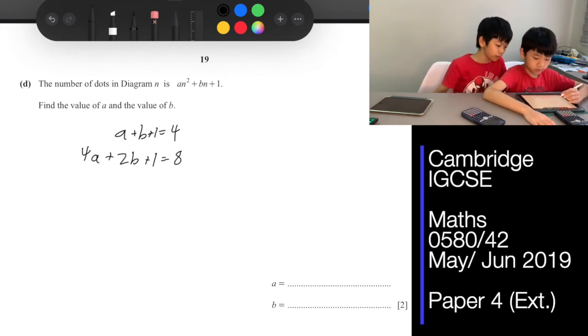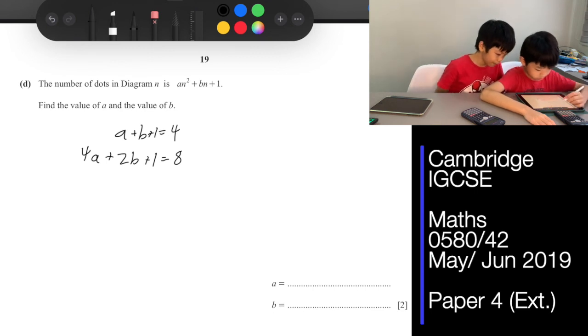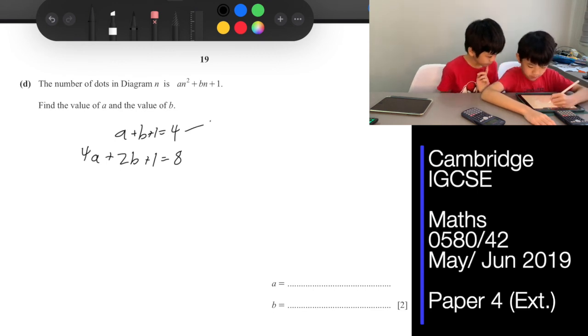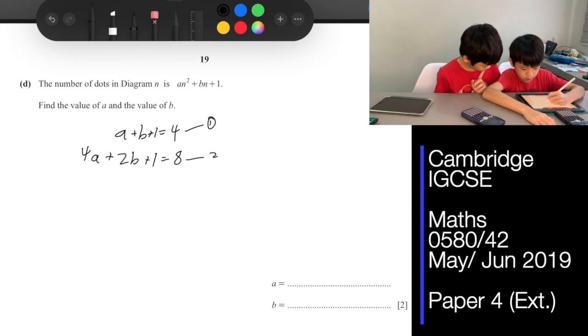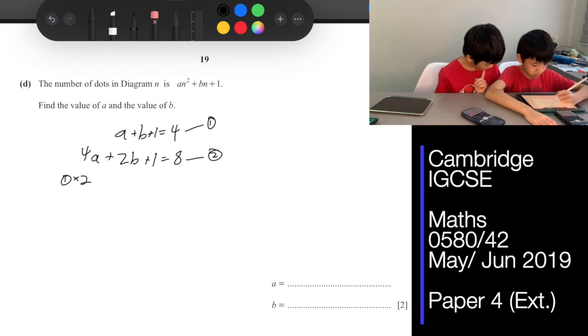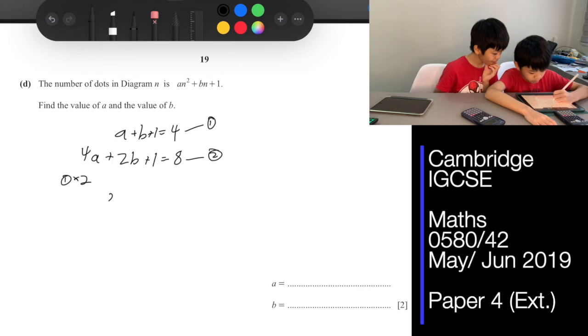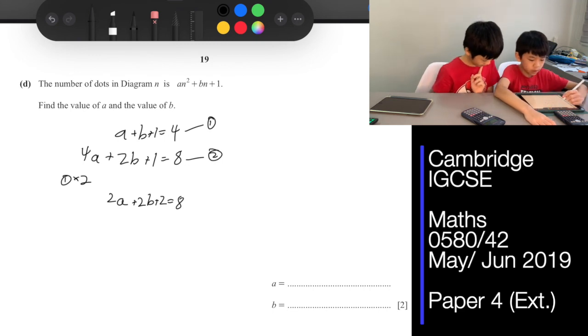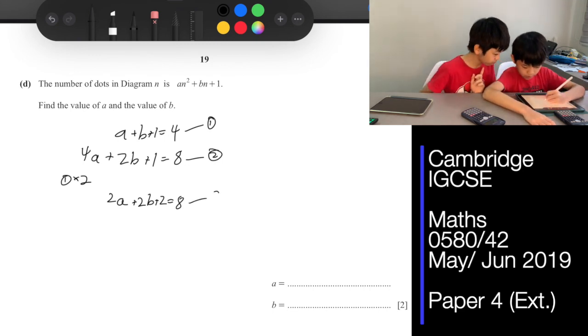Okay, then this is equation 1, this is equation 2. We get equation 3 by 1 times 2, which is 2a plus 2b plus 2 equals 8. And this would be equation 3.